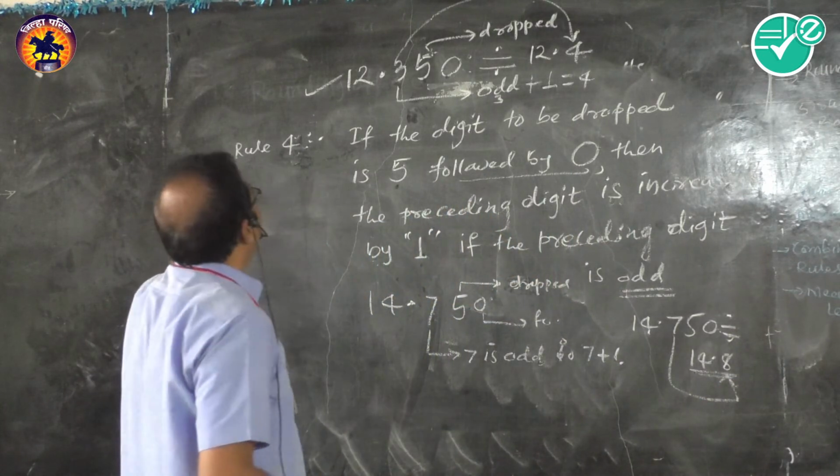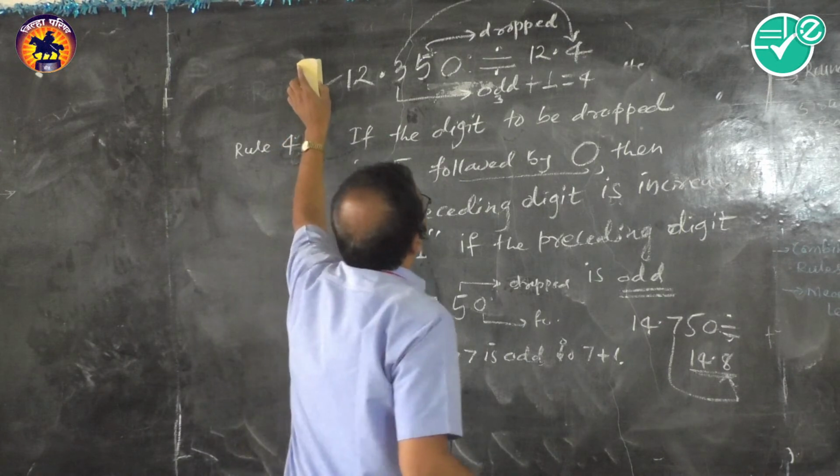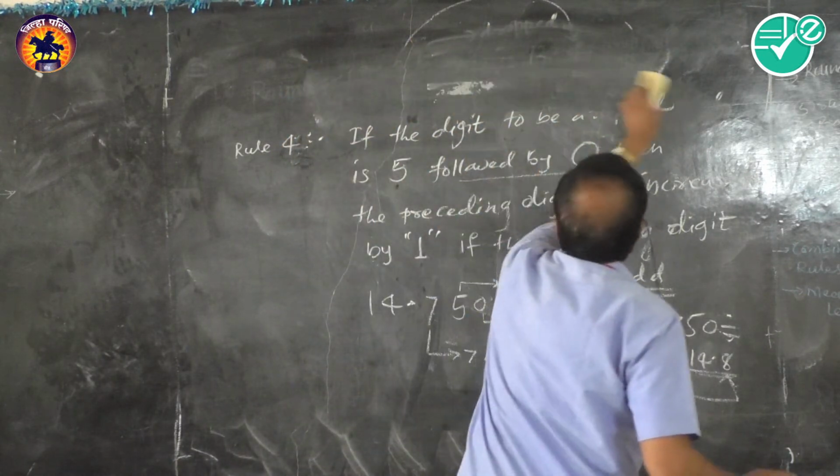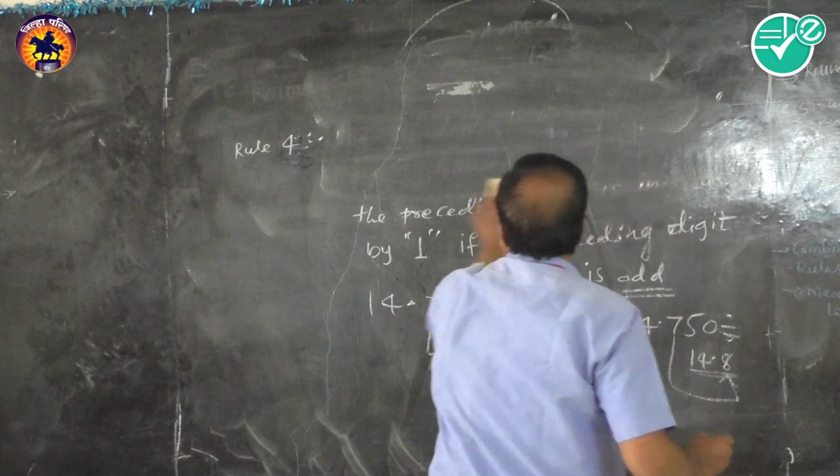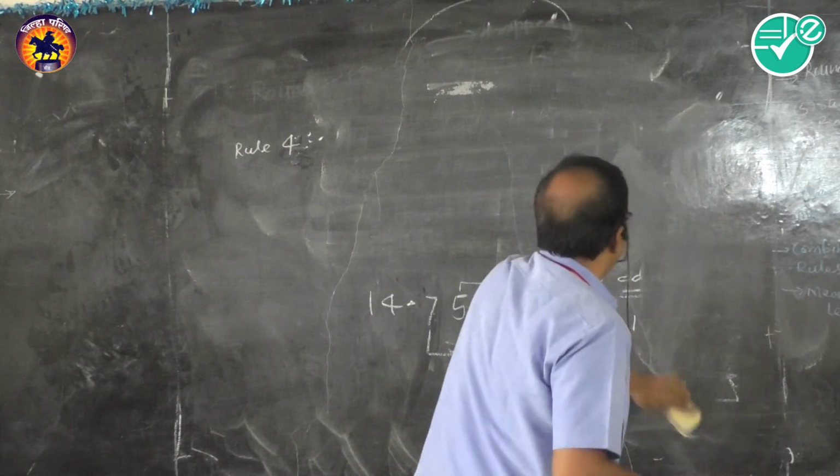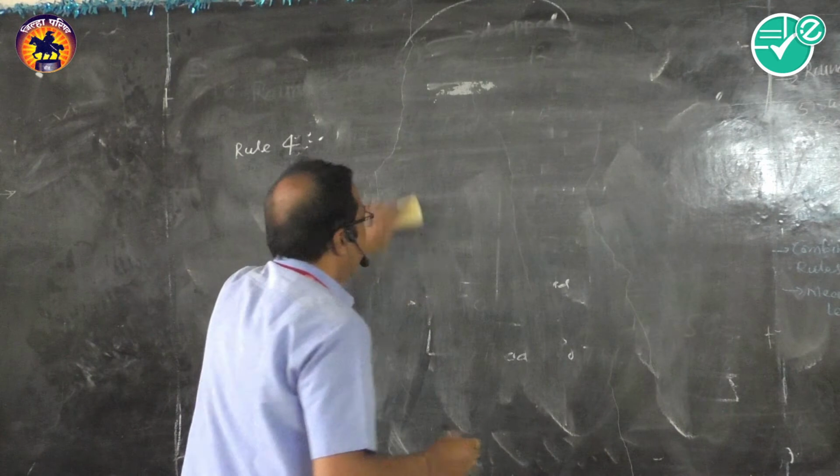So let us discuss rule number 5. It is just similar to rule number 4. The only difference is the preceding number is given.